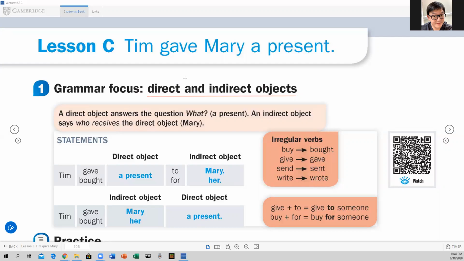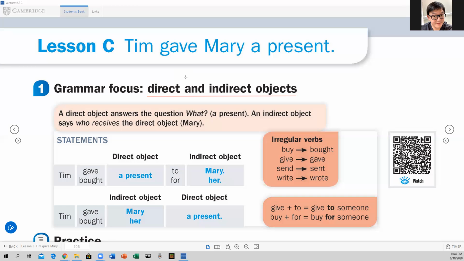You have to forget what a direct and indirect object is in your native language grammar. Don't do it, because this will give you a lot of confusion. So forget about it a little bit, and you are relearning what a direct object and an indirect object is. Okay, this will help you understand better.